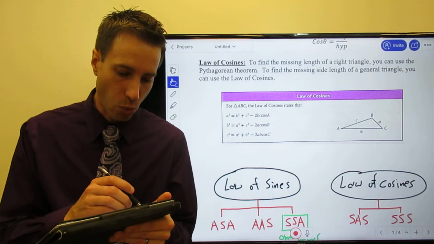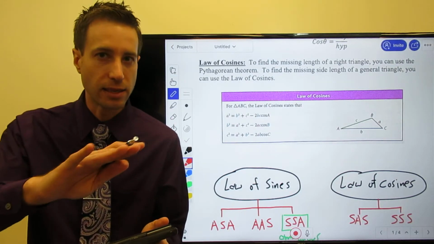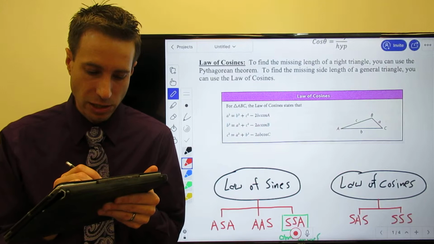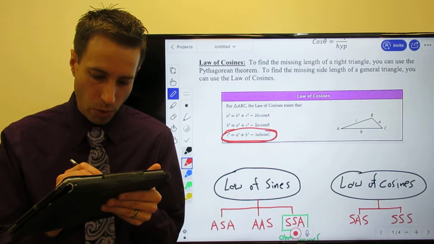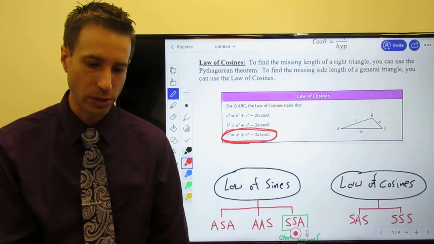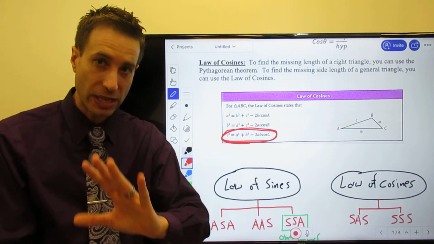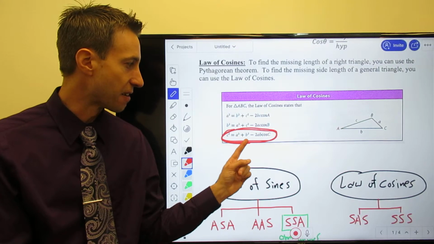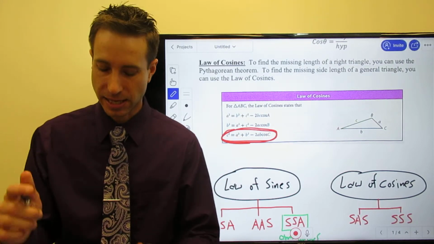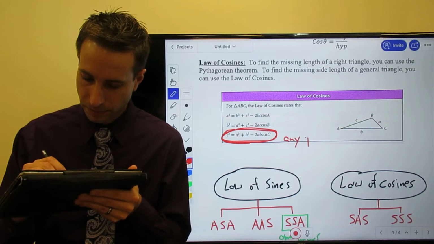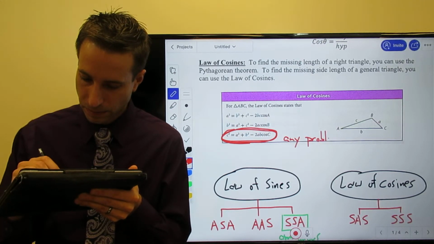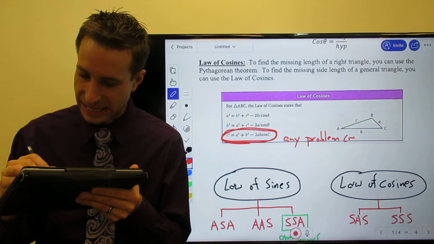In fact, the one that we're going to use doesn't matter what the problem is that you're given. This one will always work. We can adapt any problem to fit this particular formula.